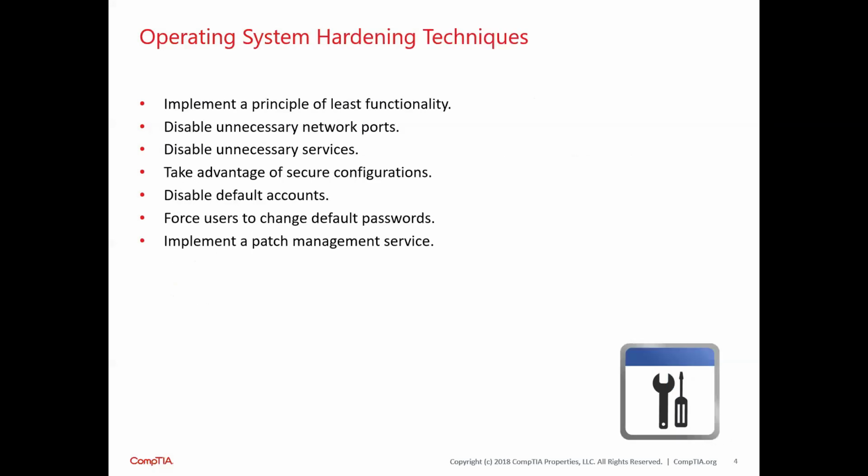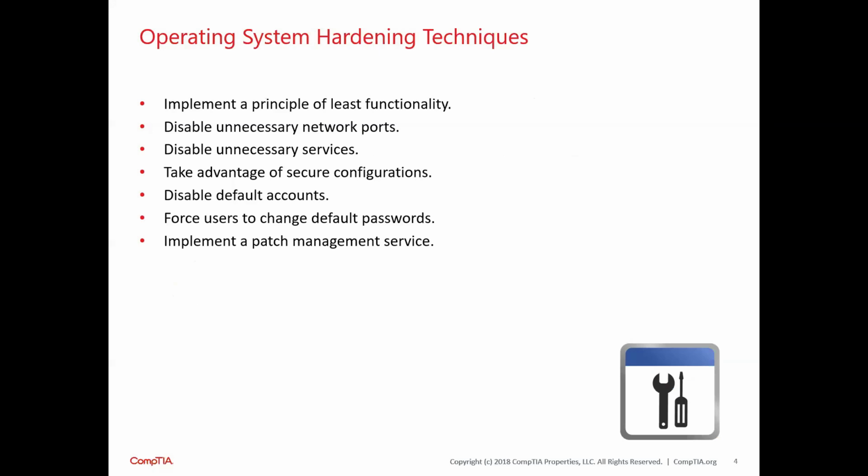Now, hardening techniques. There are many different ways of doing hardening. We might start by implementing the principle of least functionality, meaning that you only allow certain functionalities to actually be used by the user, or disabling unnecessary network ports and services, which are normally related to applications as well.